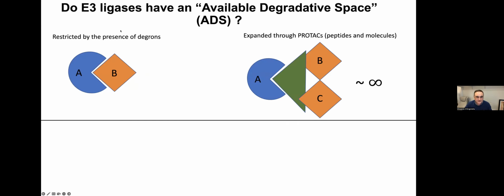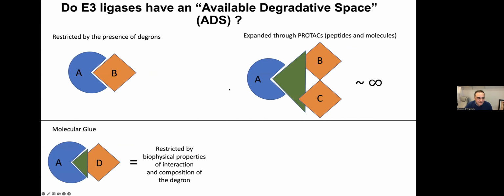This is normally restricted by the presence of the degron, so that each ligase A can only target substrates B, C, or D, according to the degron. We can expand this available degradative space with products, and these are not only molecules but also peptides, and this expansion could in theory be infinite.